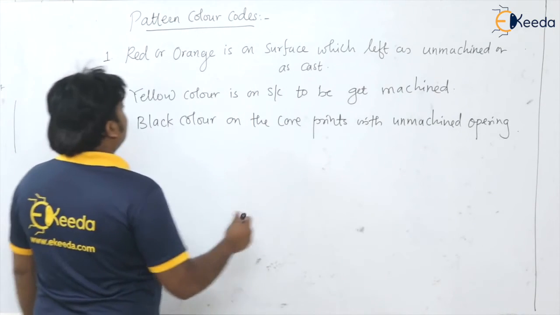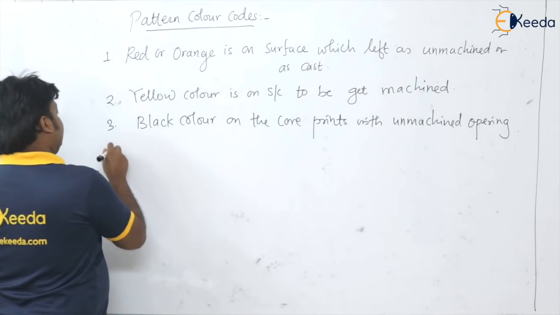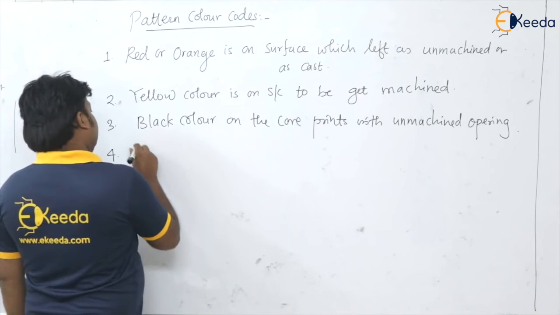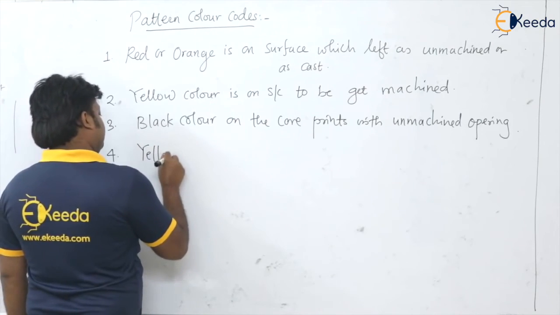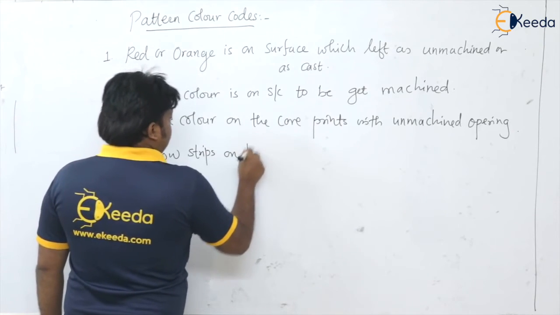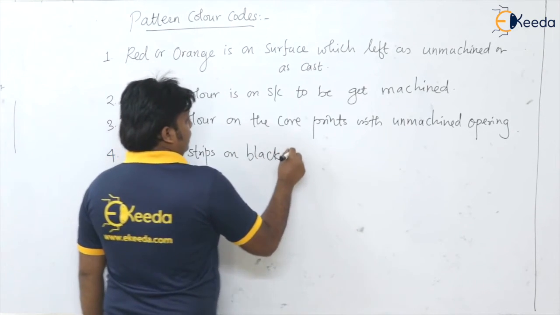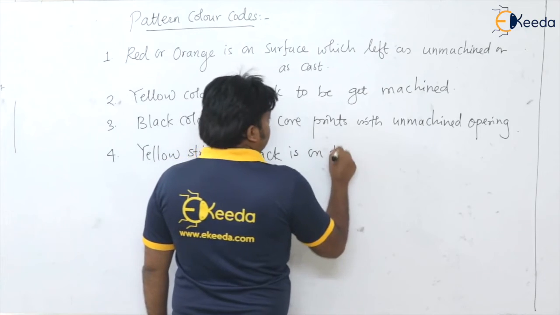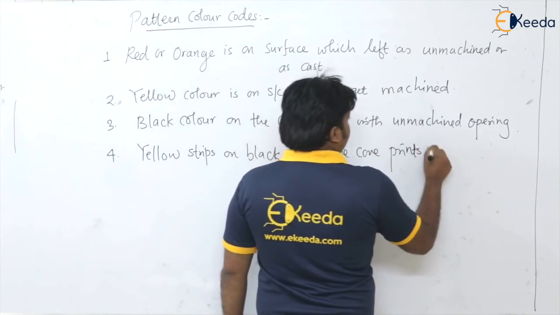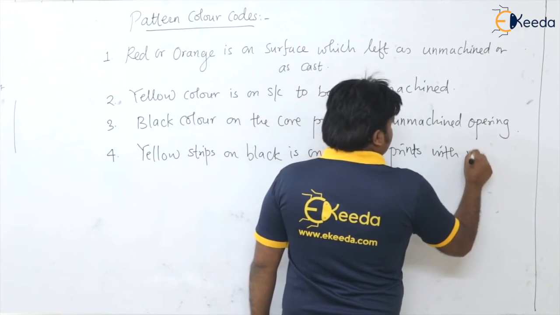So at the moment, please just keep in mind the pattern color code. Then we have the yellow strips on black on the core prints with machined opening.